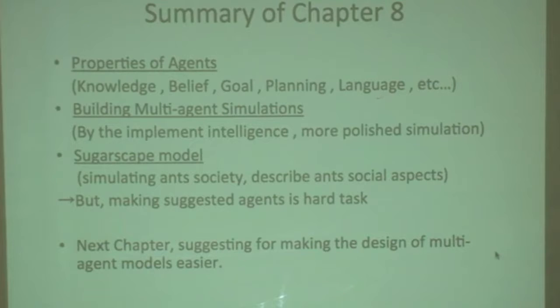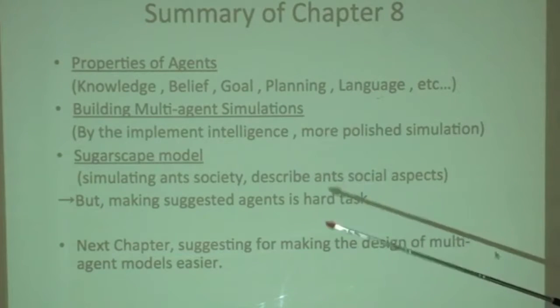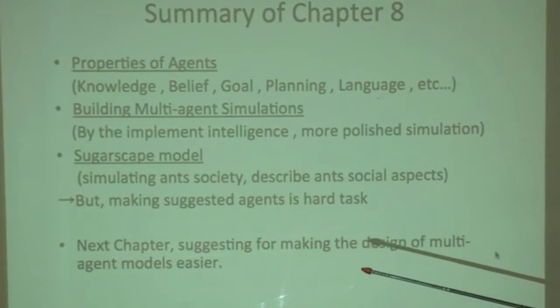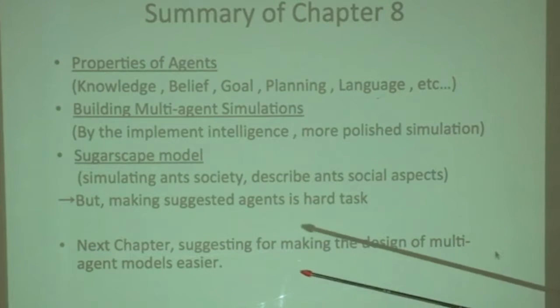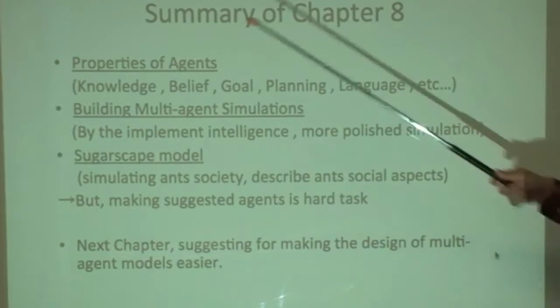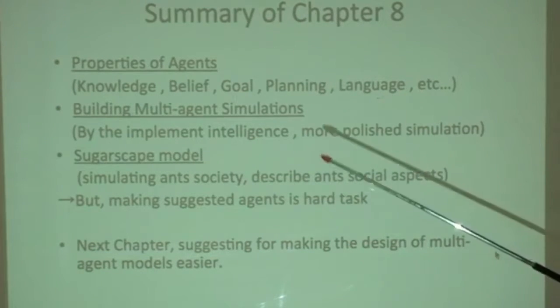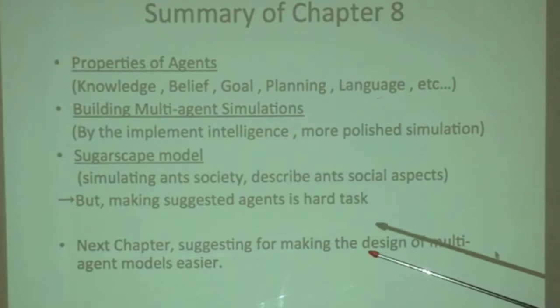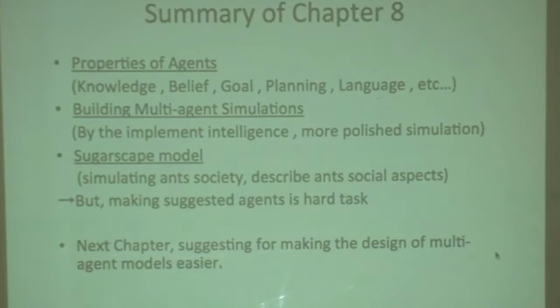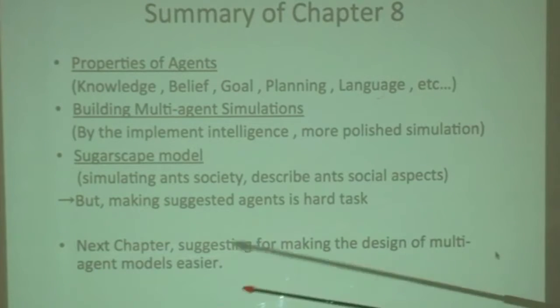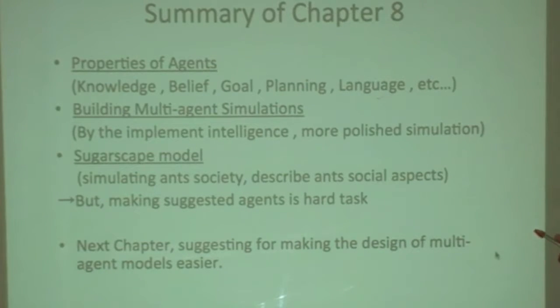And my part was about the Sugarscape model, simulating society and describing social aspects, but this model suggests that making agents is a hard task. So in the next chapter, group 4 will talk about suggestions for making the design of multi-agent models easier. So that's all.